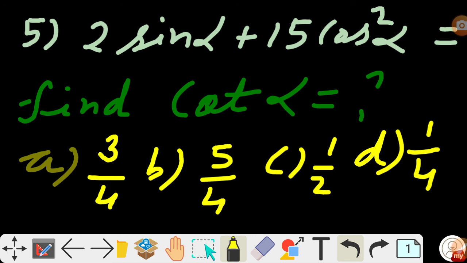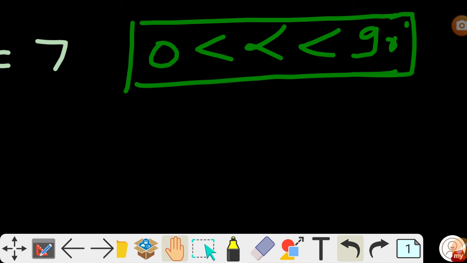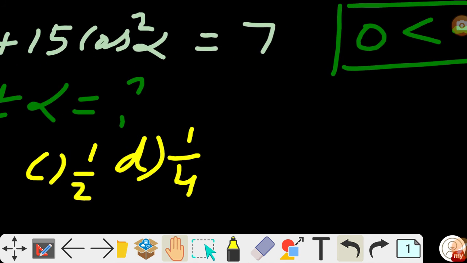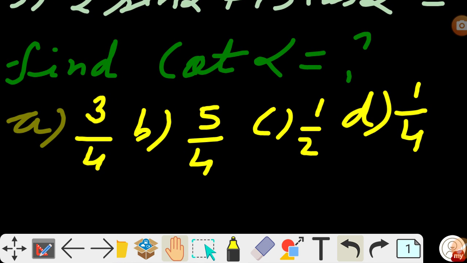These are the four options. The question is 2 sin alpha plus 15 cos square alpha equal to 7. Then angle alpha is greater than 0 and less than 90 degrees. Then find the value of cot alpha. What is the value of cot alpha?